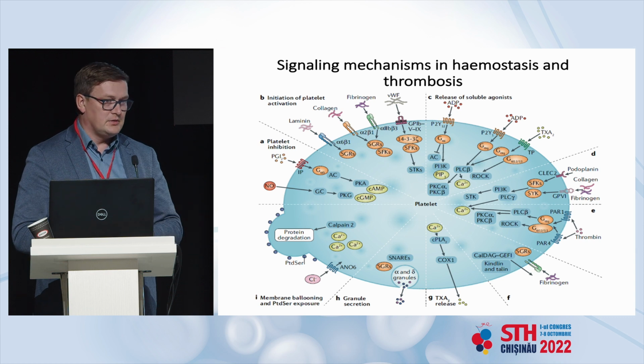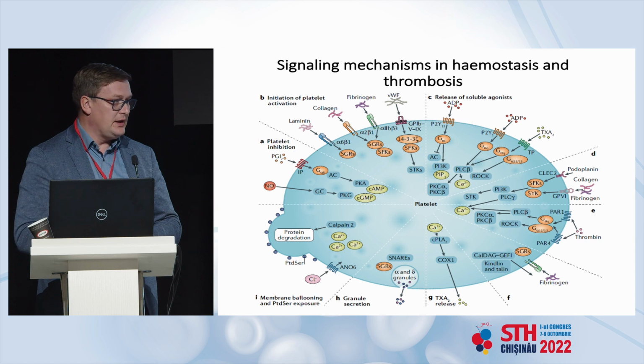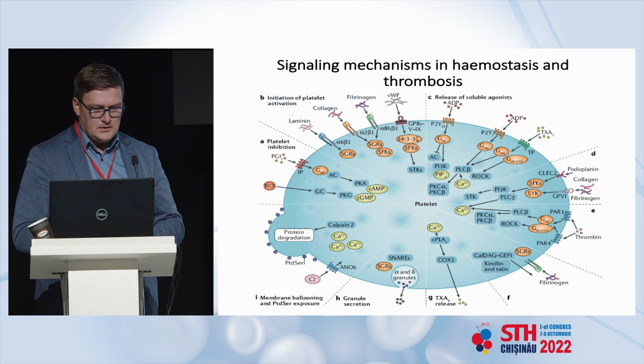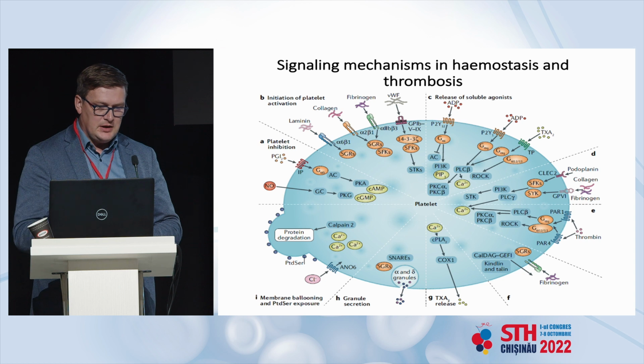As told with the previous lecture with the professor, prostaglandin and nitric oxide are the main mechanisms of inhibiting platelets from becoming procoagulant. Initiation of platelet activation is mainly carried out by 2 integrins which bind with collagen and von Willebrand factor.